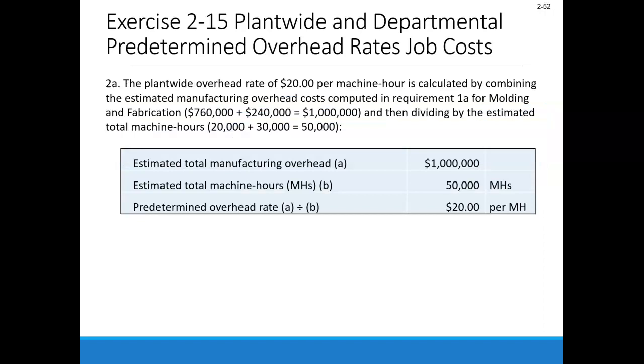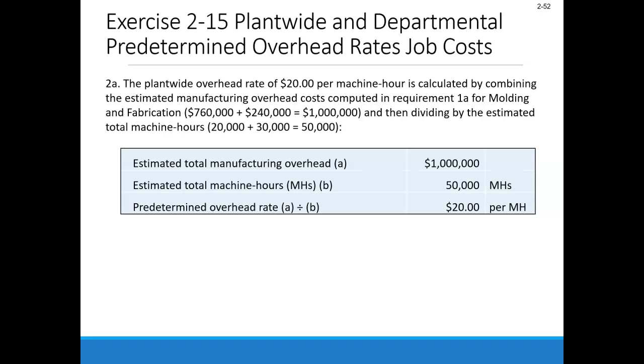Okay. The plant-wide overhead rate of $20 per machine hour is calculated by combining the estimated manufacturing overhead cost computed in 1A for molding and for fabrication, and then dividing it by the estimated total machine hours of 50,000.